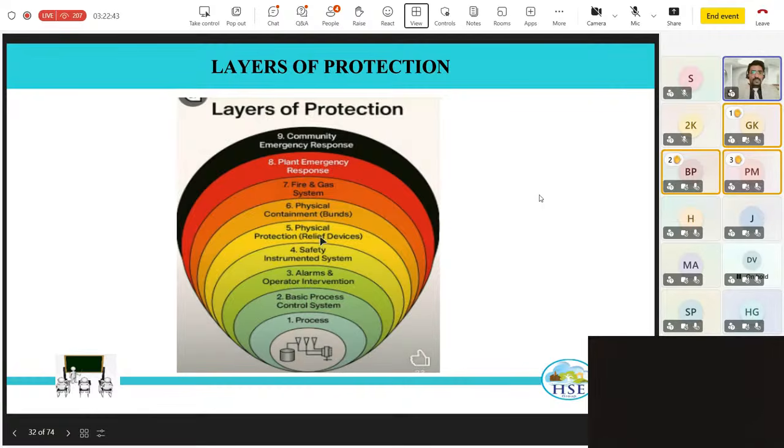Now, these SIS systems are called penultimate safeguards because they ensure that we are able to achieve something with automated measures and without any release to the atmosphere. However, if these systems also fail, then you have your ultimate safeguards, which comprise physical protections like your PSVs, relief discs, rupture discs, or vacuum relief PVRVs, pressure vacuum relief valves.